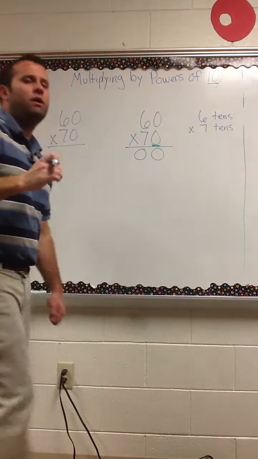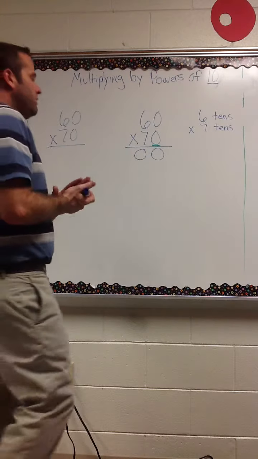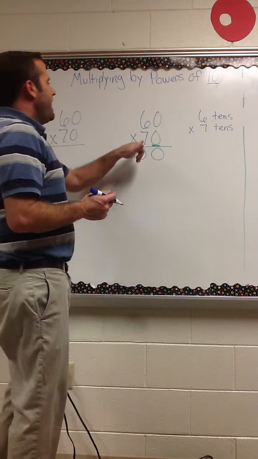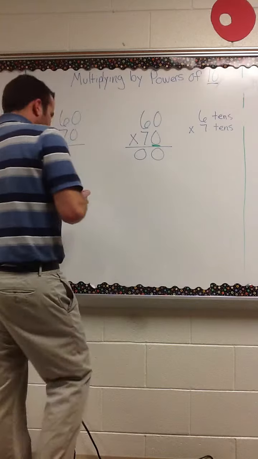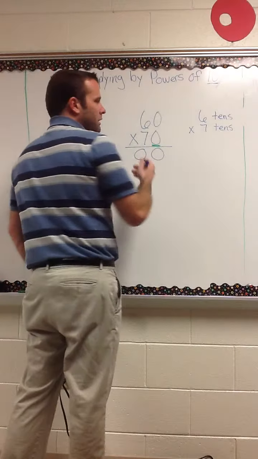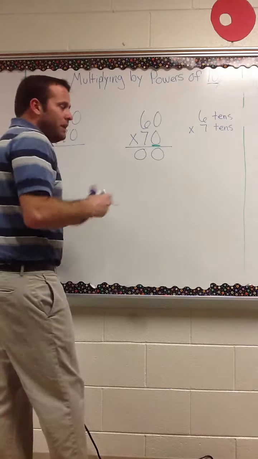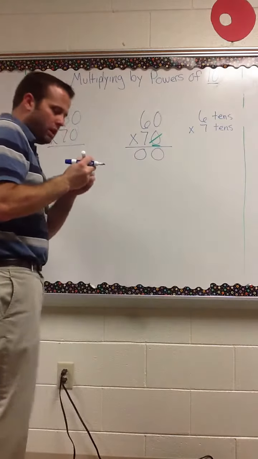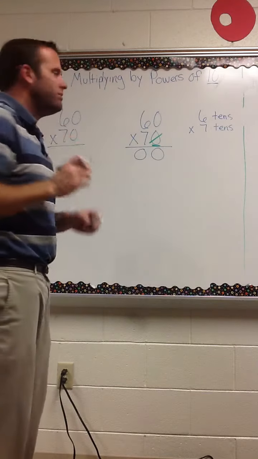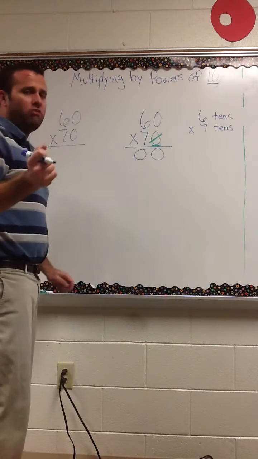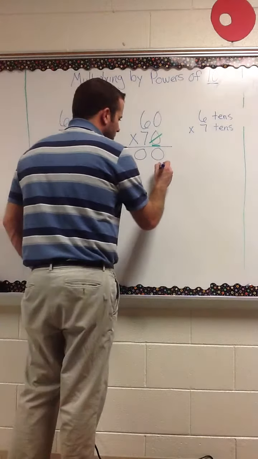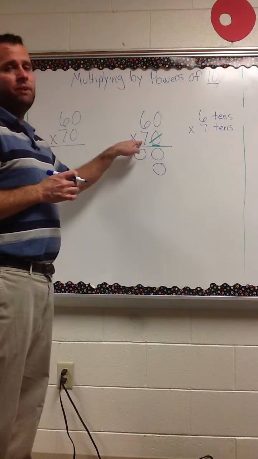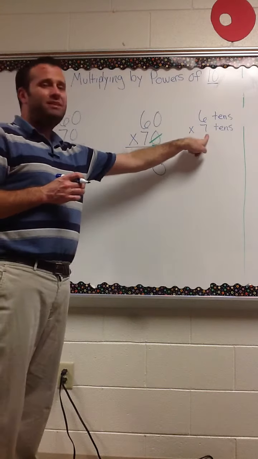Now, if we remember what we learned in class about the standard algorithm of 2 multi-digit numbers, now I'm finished with this 0. So whether it be just mentally in my mind or whether it be with a quick slash through that number, I'm going to mark it out to remind myself that I'm finished with it. What I'm also going to do is put a 0 down here as a placeholder, because this 7 is not just a 7, it's 7 tens.